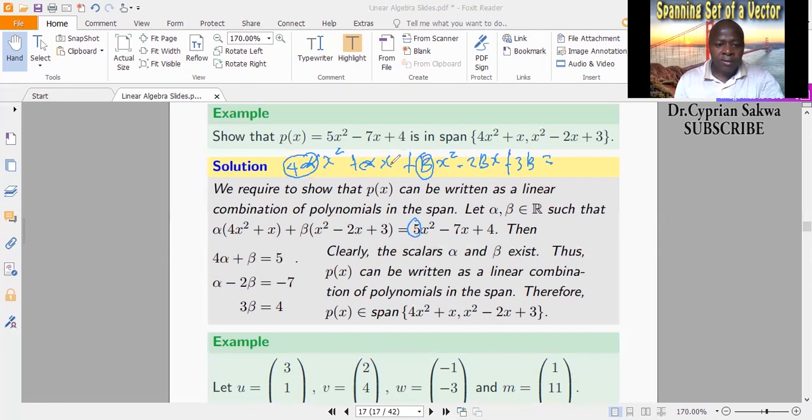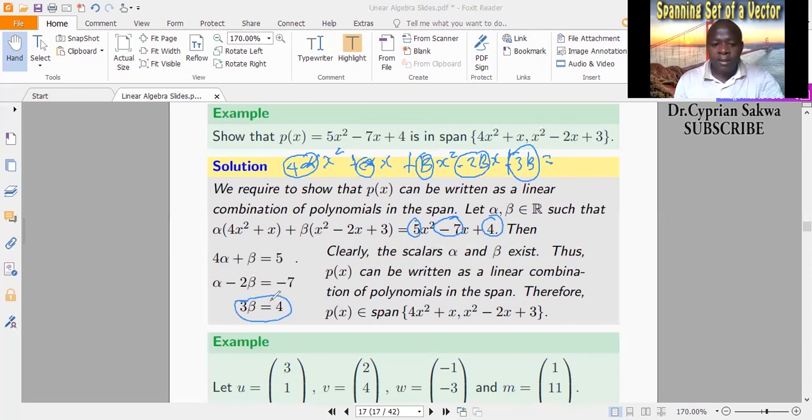And then those that have just x is alpha minus 2 beta. So alpha minus 2 beta will give us negative 7. And we also have constants: we have this 3 beta, which equals 4. So this last one tells us that beta can be obtained.